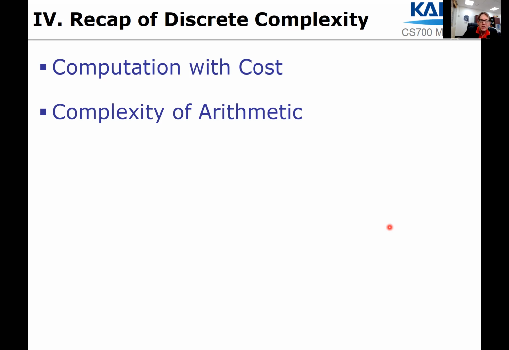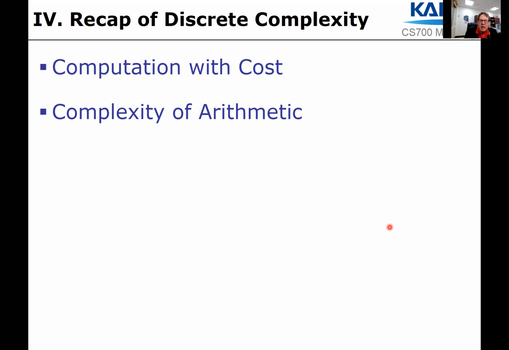Then we'll proceed from qualitative computability to quantitative complexity. Again, first doing a recap of the classical discrete case, and then proceeding to the real case, and then finally generalizing that to metric spaces. So in the discrete complexity recap, we would discuss computation with cost and the importance of asymptotic growth of computational cost.